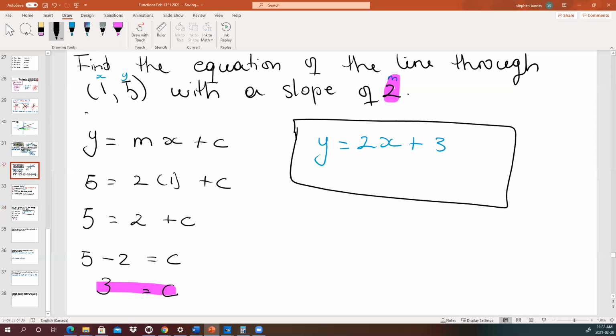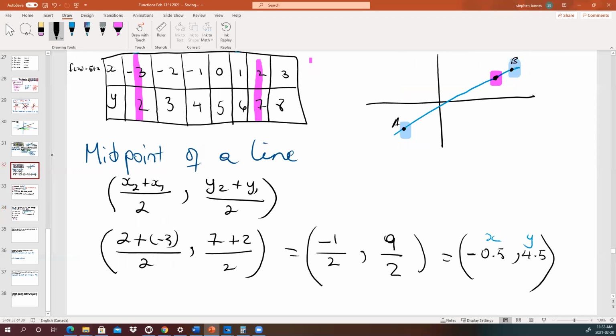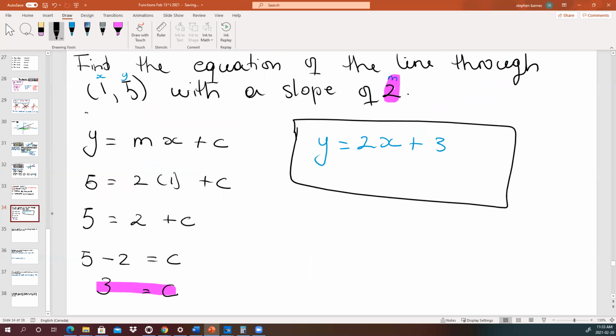If you recall, when we draw it like this, you have lots of different x's and y's, and any of them you put in the equation, you get the same answers for m and for c. So you don't usually put a value for y and a value for x. This is what the equation of the line is.